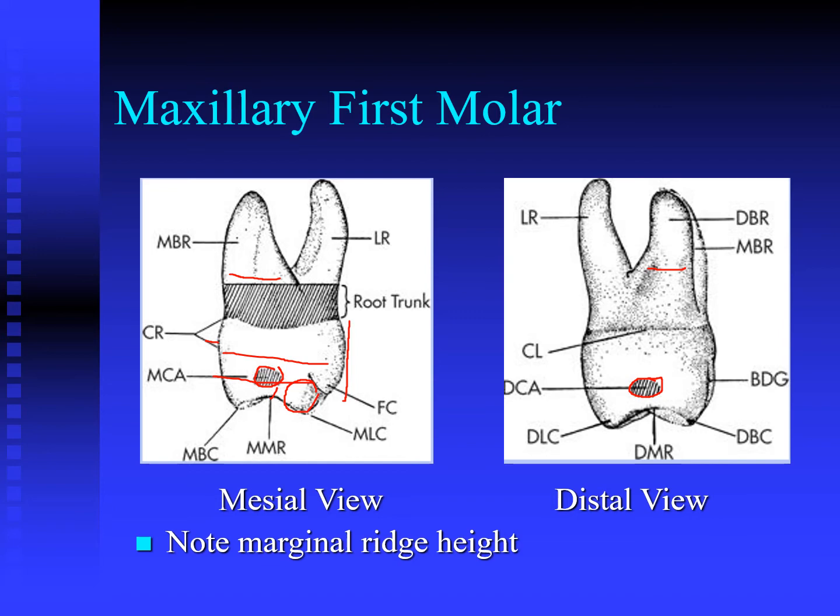There is a structure called the root trunk that you need to be aware of, and this is the space between the CEJ and where the root bifurcates. The root trunk is smaller on maxillary first molars than it is on second and third molars because these roots on the first molar are very flared. You can see the prominence of this lingual root, the palatal root, extending out beyond the crown form of the tooth in most instances, and then having a facial curvature at the end is pretty typical.